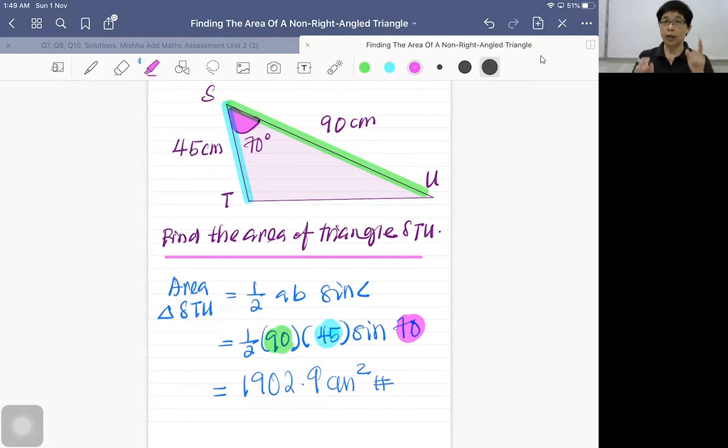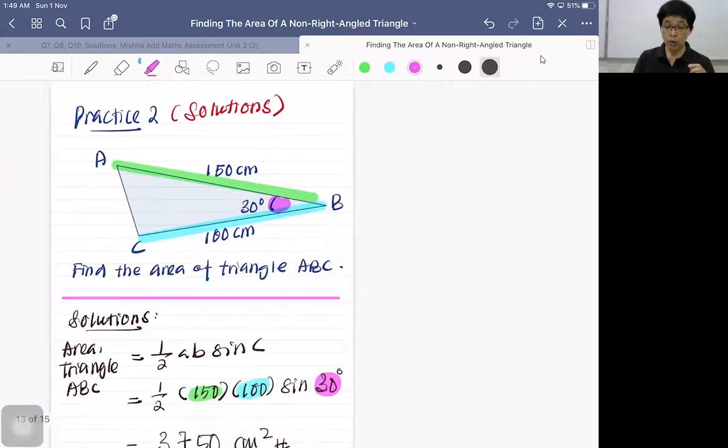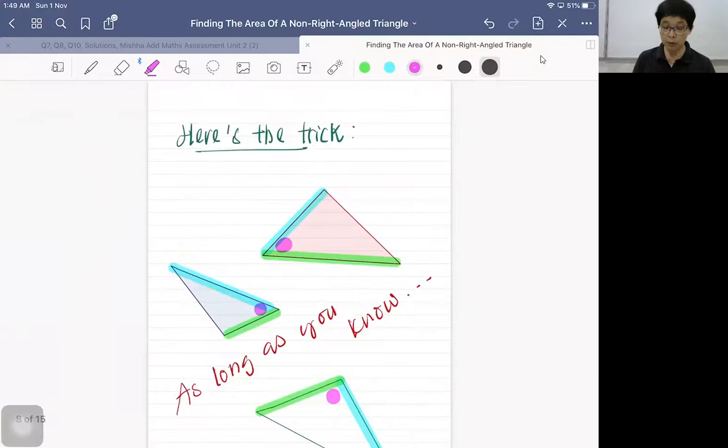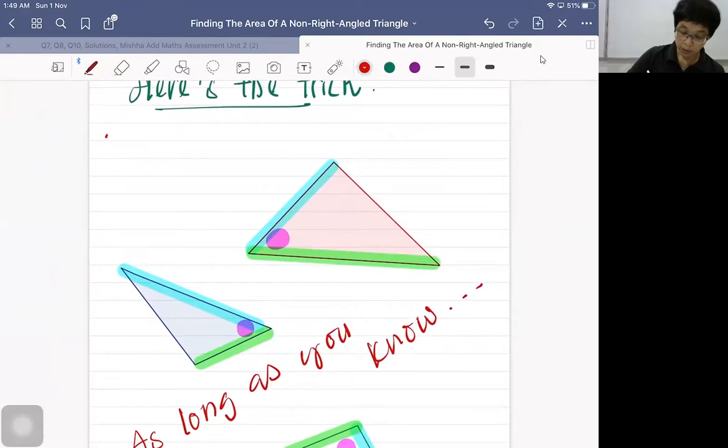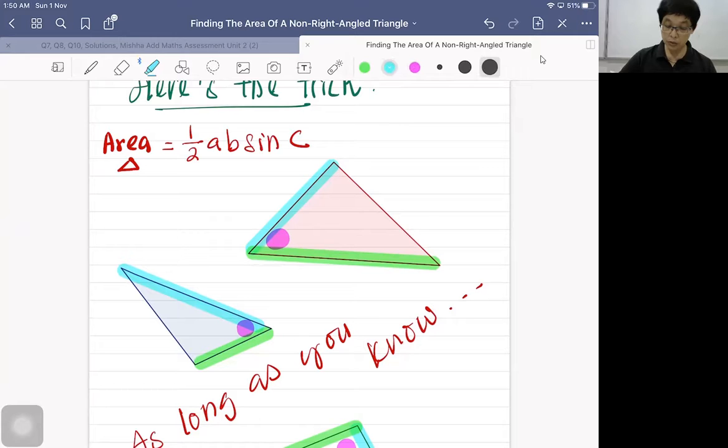Here's the trick: as long as you have the two sides and the sandwiched or subtended angle, you are able to put that into one simple formula where the area of the triangle equals half AB sine C. And the last reminder: A can be one of the sides, B is another side, and C is the angle that is sandwiched in between.